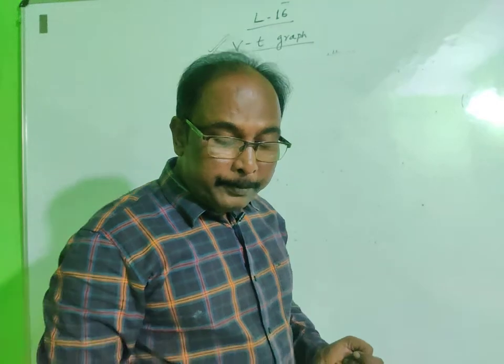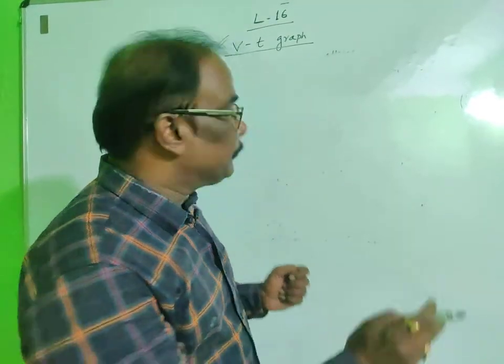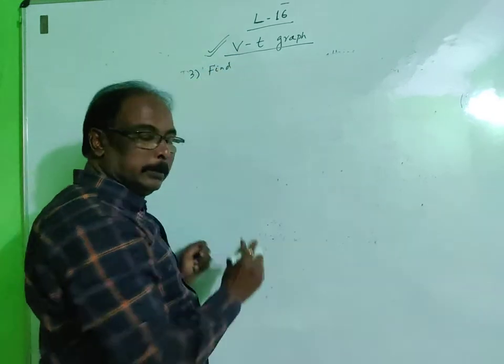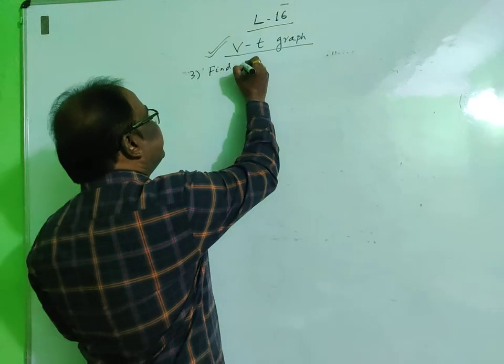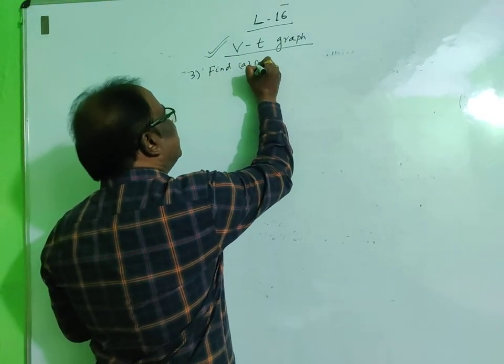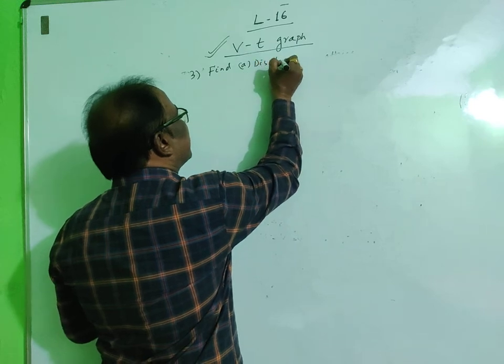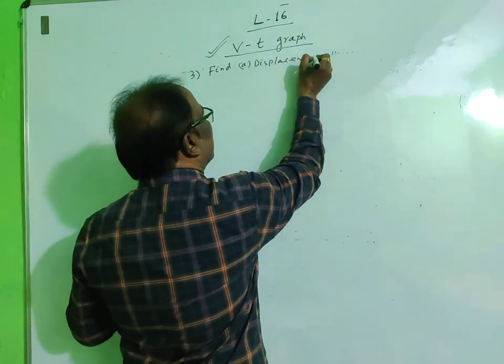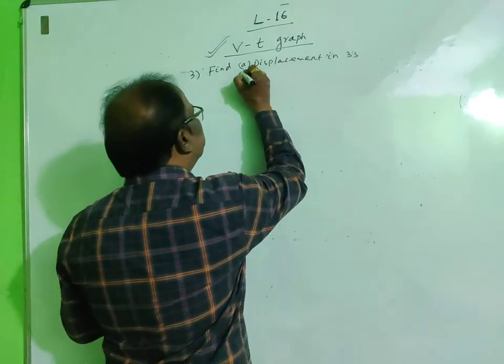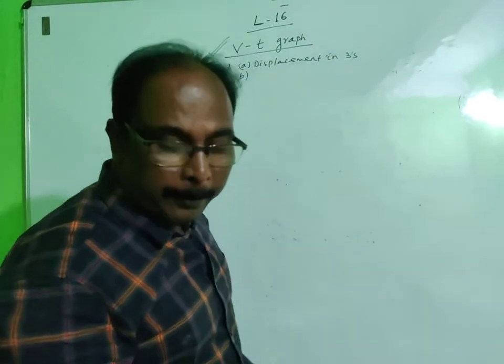Question number 3, a graph based question. Find displacement in 3 seconds. Find first bit A, displacement in 3 seconds. Bit B, graph is given. I will draw the graph.